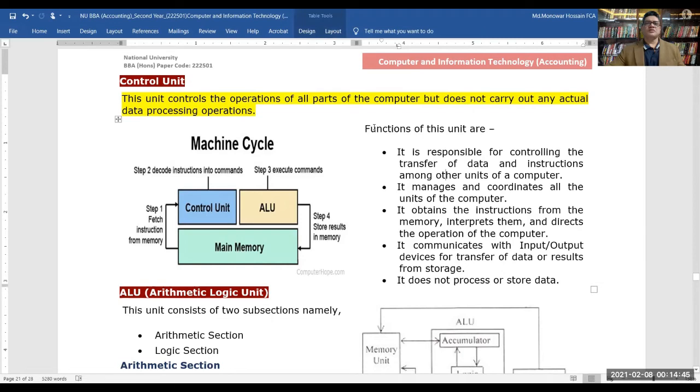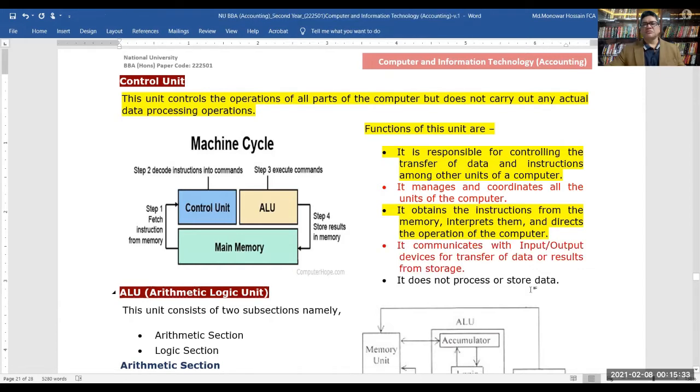So the functions of the control unit are: it is responsible for controlling and transferring data and instructions among the other units of a computer. It manages and coordinates all of the units of the computer. It obtains the instruction from the memory and directs the operation of the computer. It communicates with input-output devices for transfer of data or results from storage. It does not process or store data.